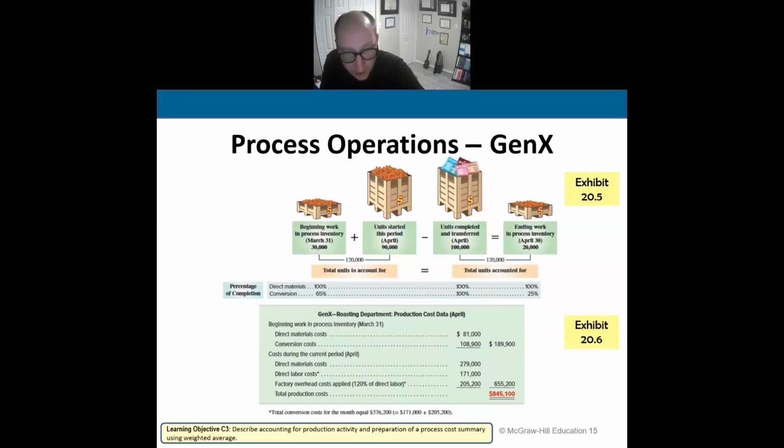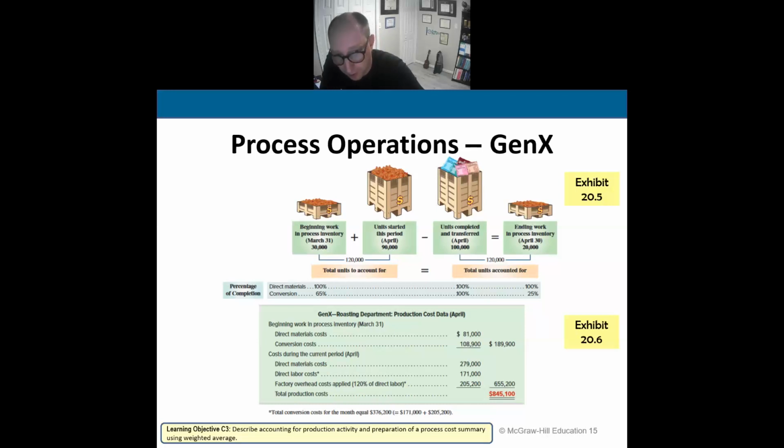Here's how it works. I add up my direct materials costs, 81,000. I add up my conversion costs, 108,900. You're probably wondering, how the heck did you find 108,900?